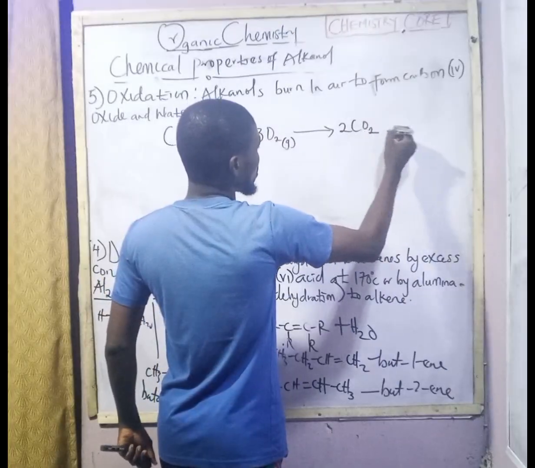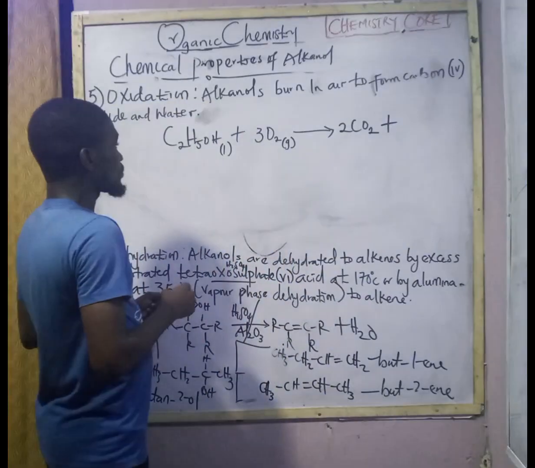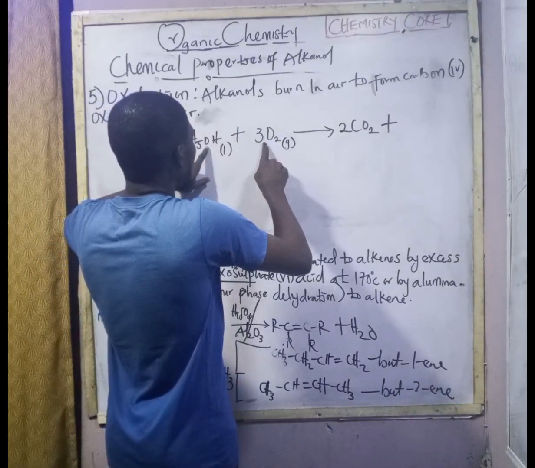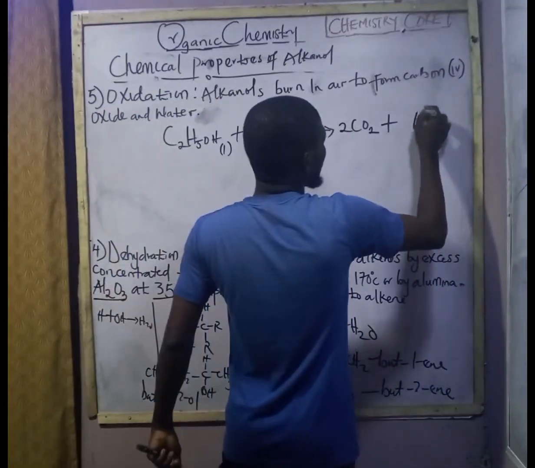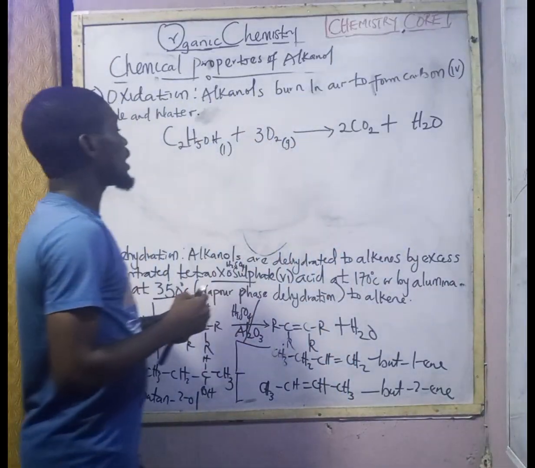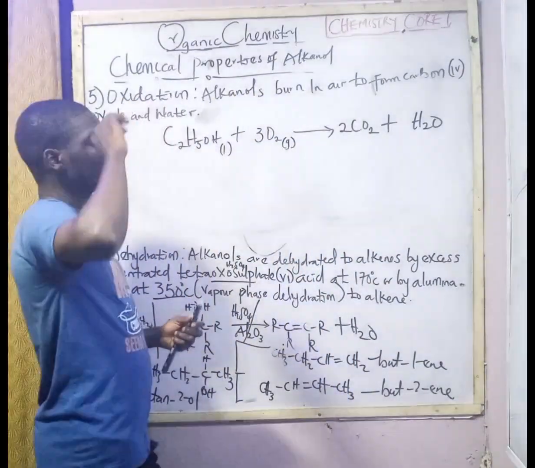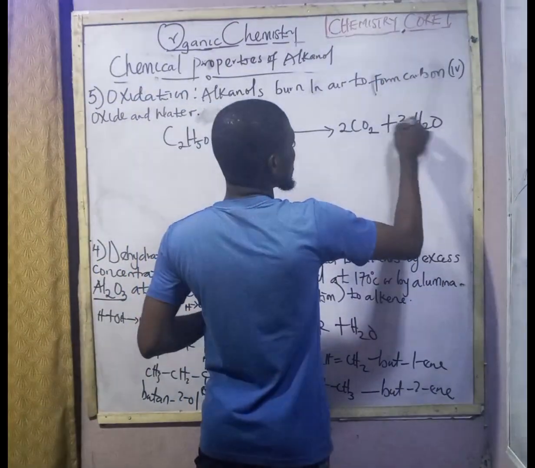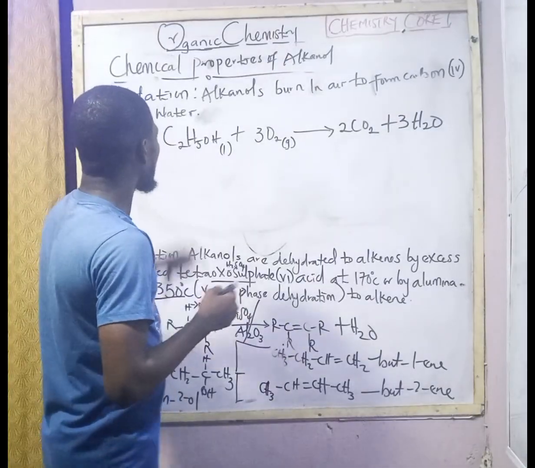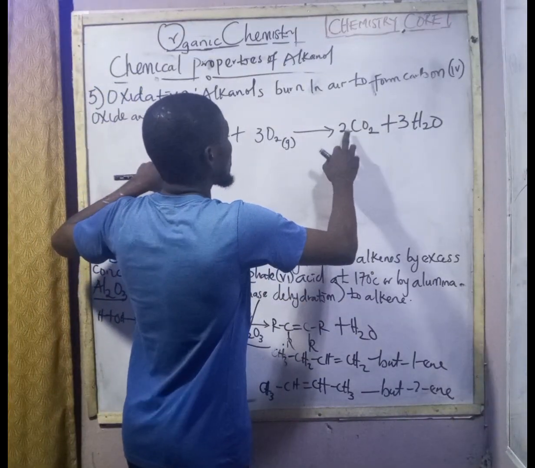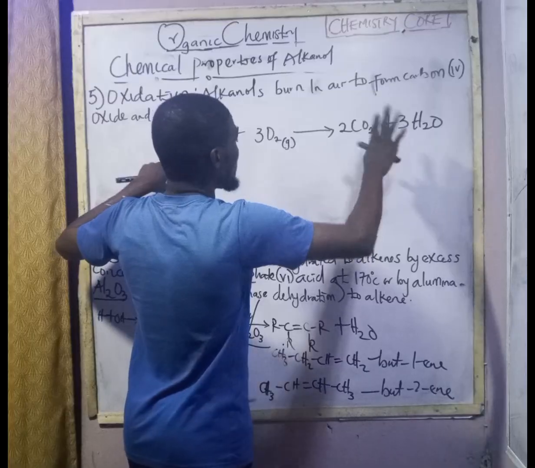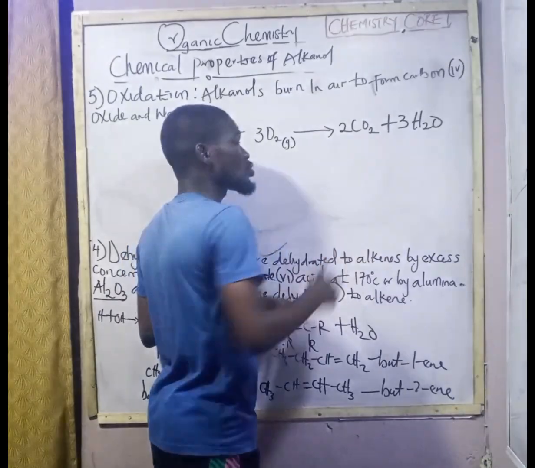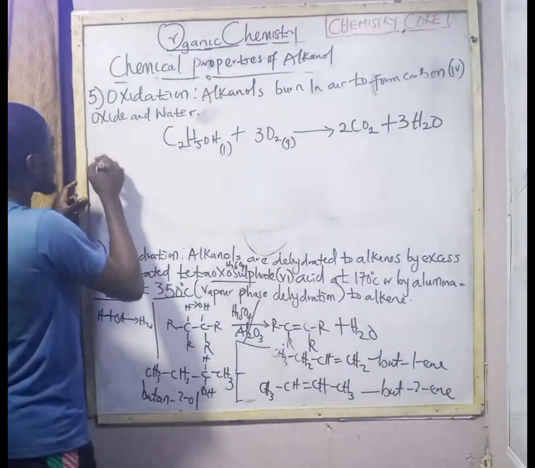This CO2 plus, now we have one oxygen here plus the 6 oxygen here will give us 7. So let's say we have H2O. When alcohol is burned in air, it will form carbon dioxide and water. So let's take a look, we have a balanced equation. 2 carbon atoms here, 2 carbon atoms, yes. 2 times 2, 4. 3 oxygen, making 7, 7 here. Hydrogen is 5 plus 1, 6. 3 times 2 is what? 6.